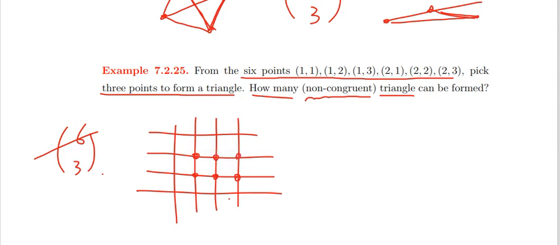Oh, this is 6 points. So we also can use this way. We have these 6 points. How many basically different triangles can be formed?